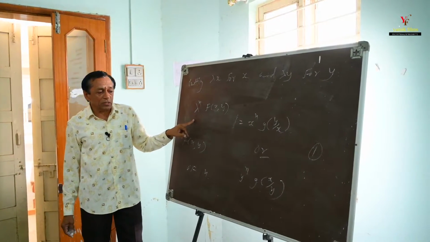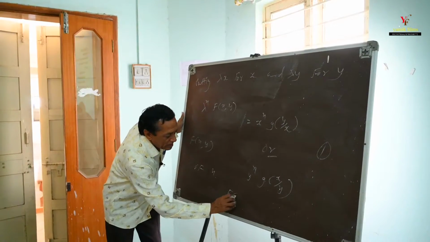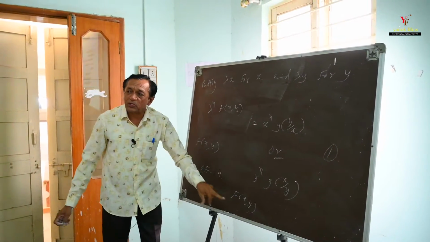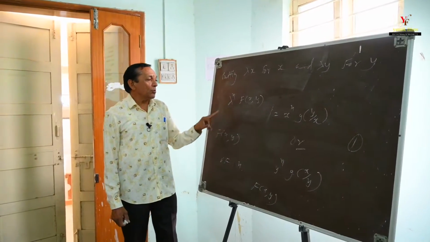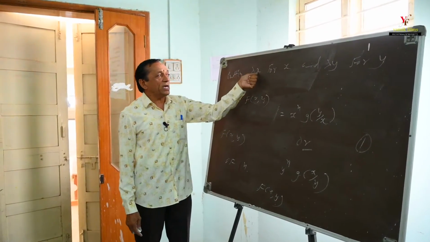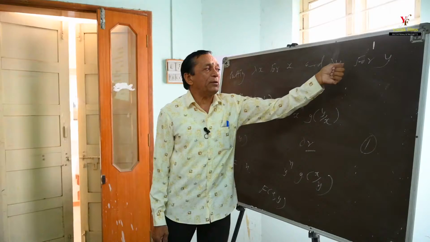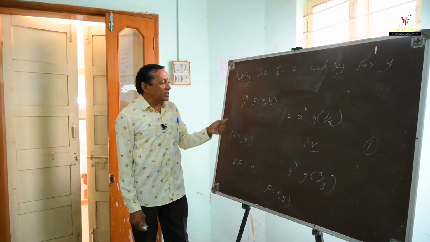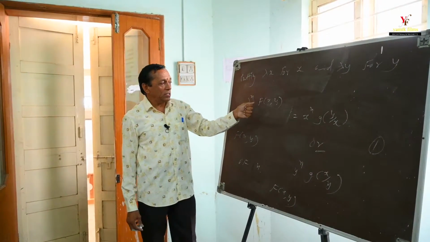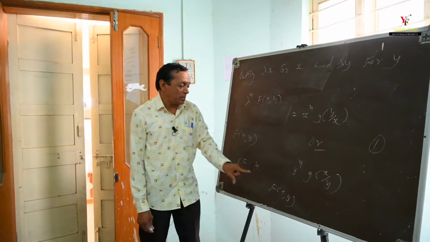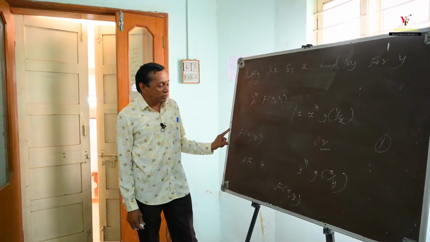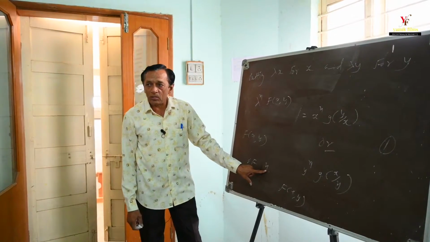We are given a function f of xy, and using lambda x for x and lambda y for y, we represent it as lambda raised to n f of xy. Then the given function f of xy is a homogeneous function of degree n.